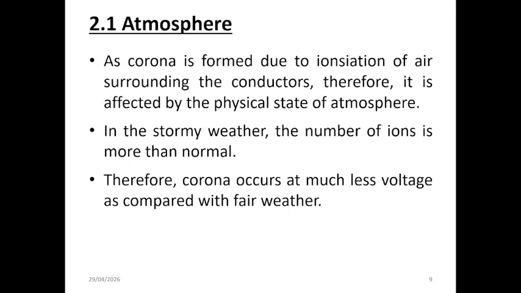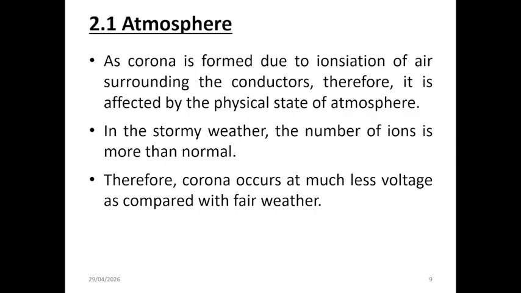Corona is strongly influenced by the physical condition of the atmosphere because it is caused by the ionization of air surrounding the conductors. Therefore, any change in atmospheric conditions directly affects the formation and intensity of corona. During stormy or bad weather conditions, the number of ions present in the air increases significantly compared to fair weather conditions.